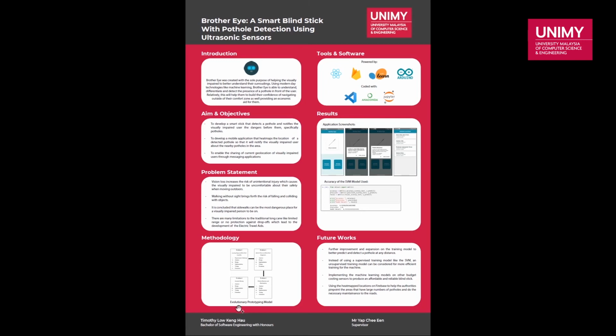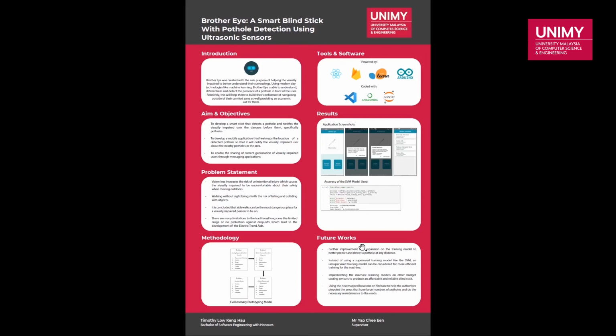So I use the evolutionary prototyping model, and its phases can be seen here in this diagram. I also included the tools and software that I use, also explained in the earlier part of this video. And I also included a results segment where its contents are the screenshots of the final evolution of the mobile application, and of course, the accuracy of my training model.